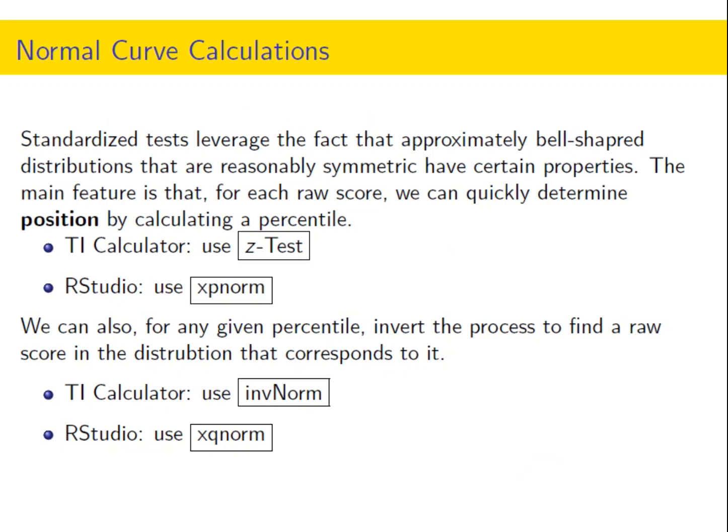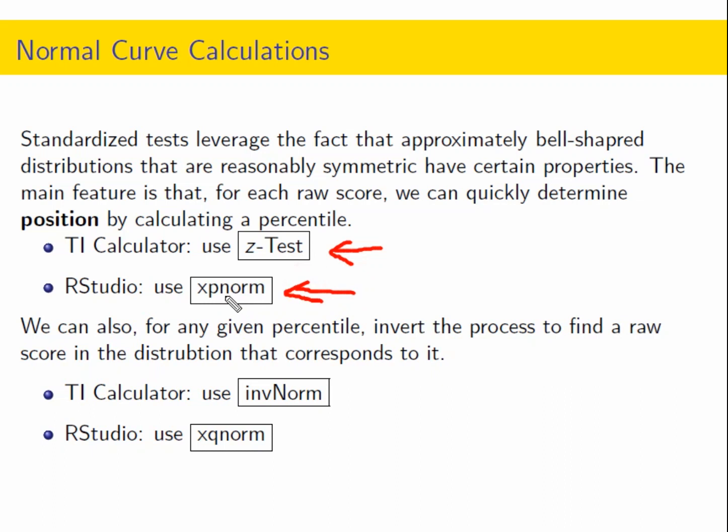So the whole idea of standardized scores comes from this standard deviation, right? And so we can do it by hand using a table. But most often, if we don't have R open, we'll use a graphing calculator. And we can trick the z-test into behaving like an interactive table for us. RStudio has an even better option called XPnorm.